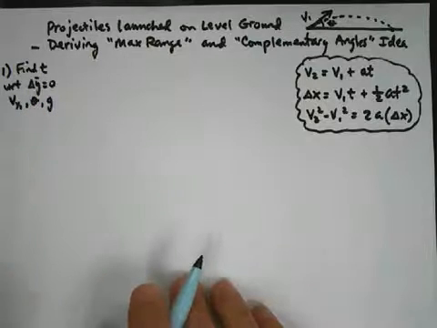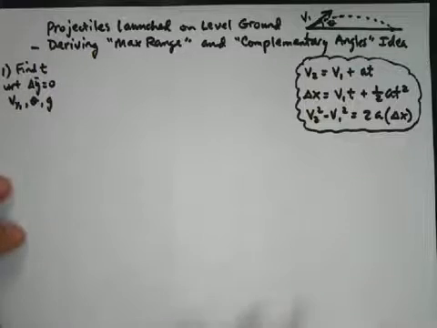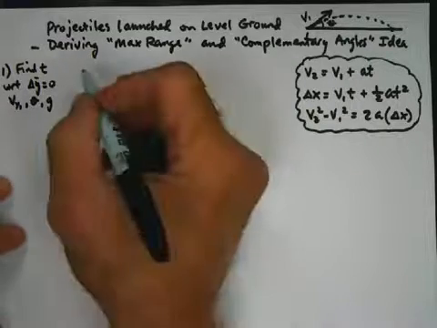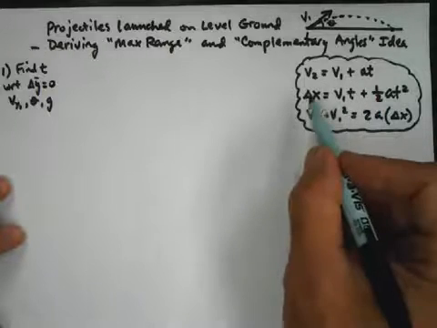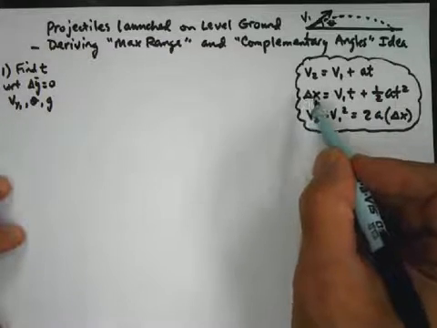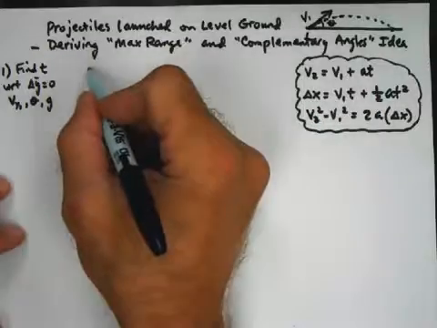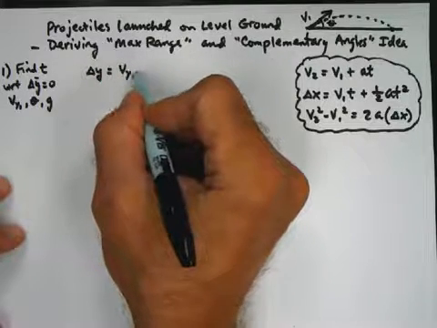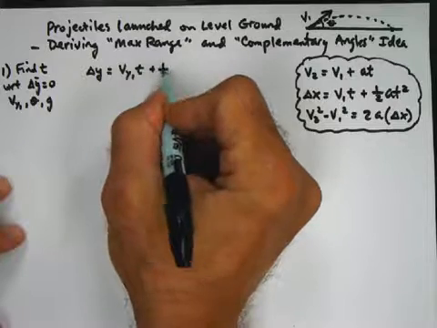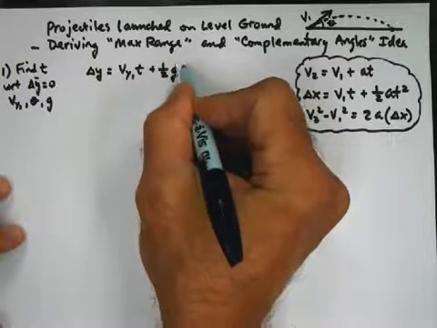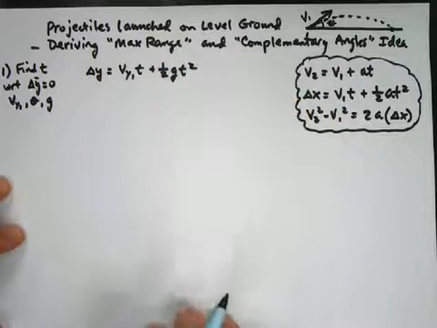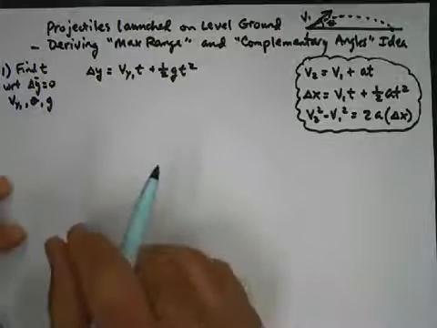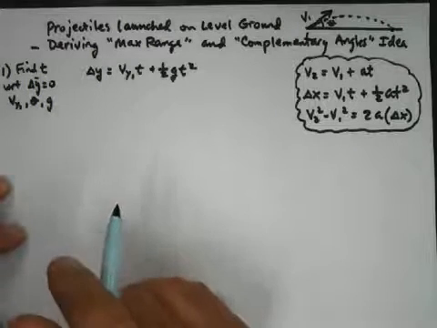We'll just write it as g, sorry. Okay, so we'll just use Galileo's second equation here in terms of the vertical. So I'll put delta y equals Vy1 t plus 1/2 g t squared. Notice I'm using g instead of a here. That's specific for the acceleration due to gravity. That's a vertically oriented acceleration.